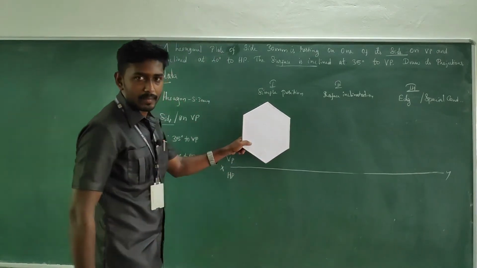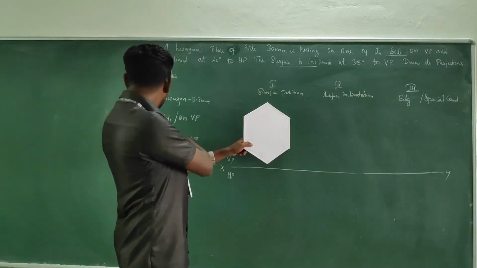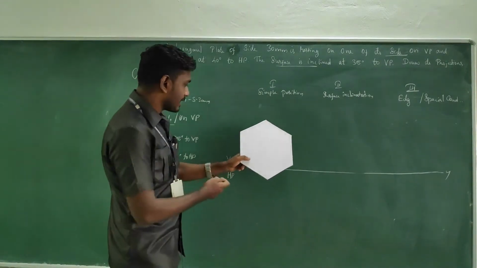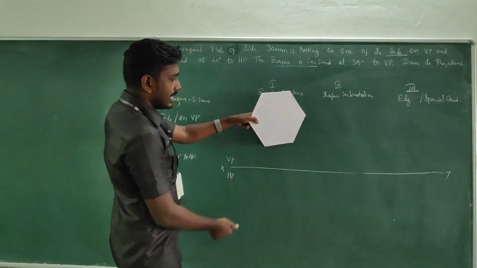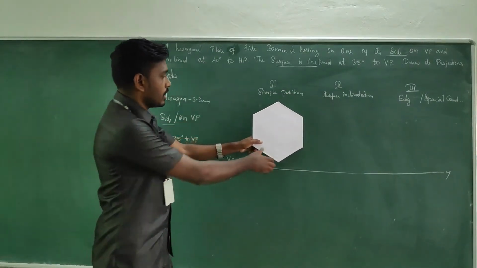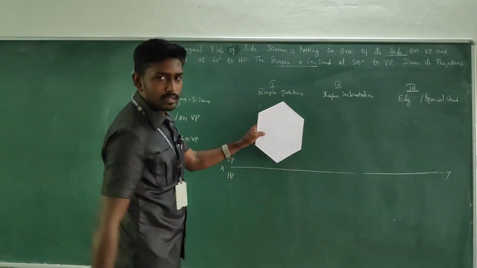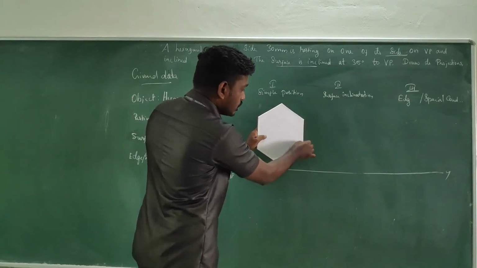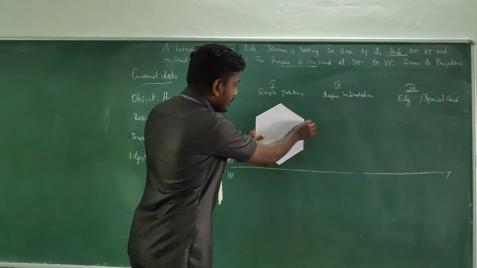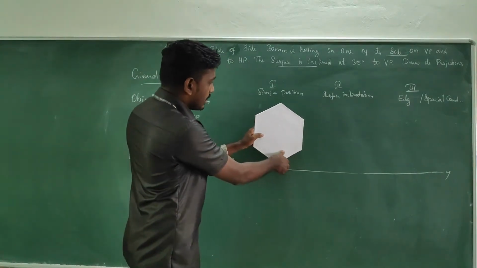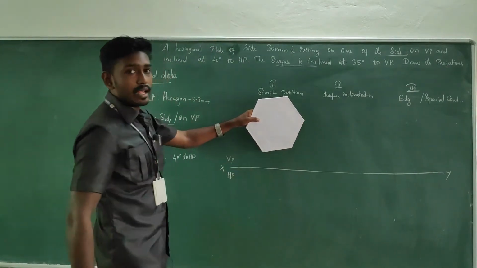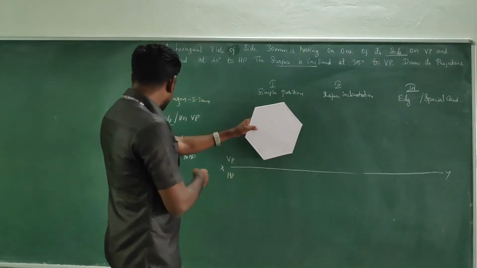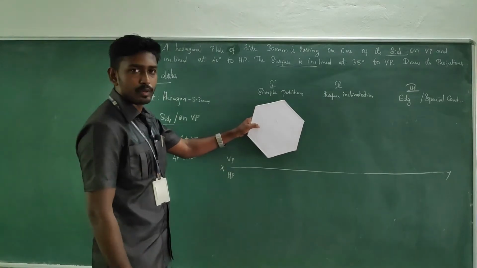So this is the position. And the surface is inclined, and at the same time when it is inclined, one of the sides should rest on the VP. Next, this edge which is resting on VP should be tilted at an angle of 40 degrees. So this is the exact position.